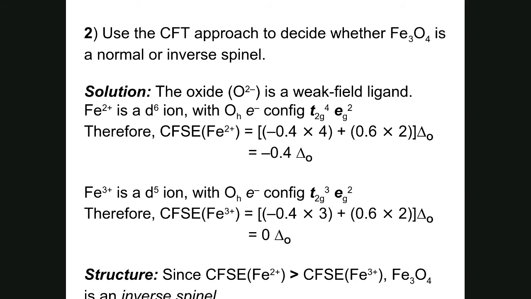If you do the energetics calculation, considering how many are stabilized and how many are destabilized, you end up with minus 0.4, because 0.4 times 4 gives you minus 1.6, and 0.2 multiplied by 2 gives you 1.2. So the sum is actually minus 0.4.